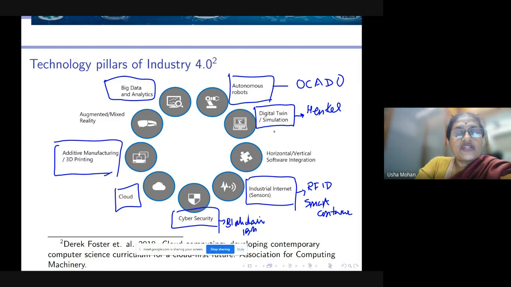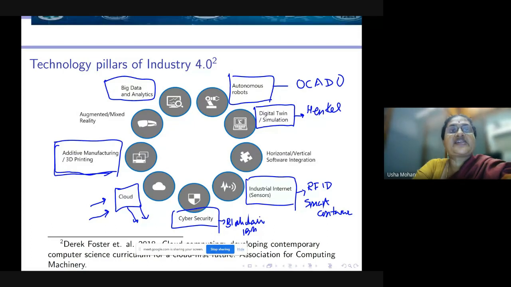We also saw how data is transferred to a cloud, and from the cloud data is retrieved, so you can maintain end-to-end visibility. We looked at additive manufacturing or 3D printing. German companies have exploited 3D printing and additive manufacturing to reduce their inventory levels. Once you reduce your inventory levels, your supply chain costs come down automatically.